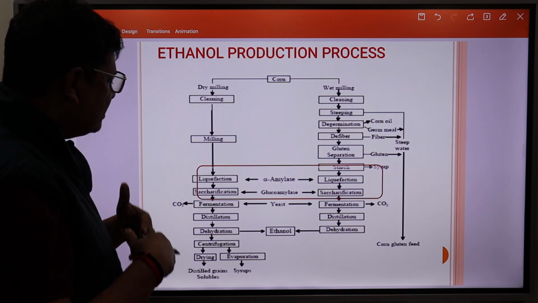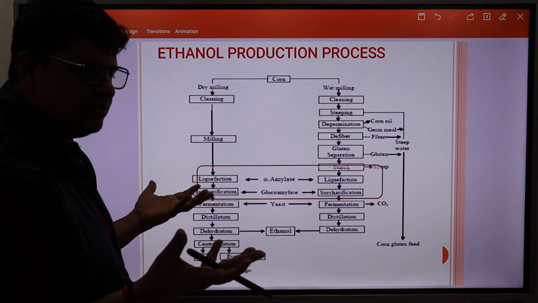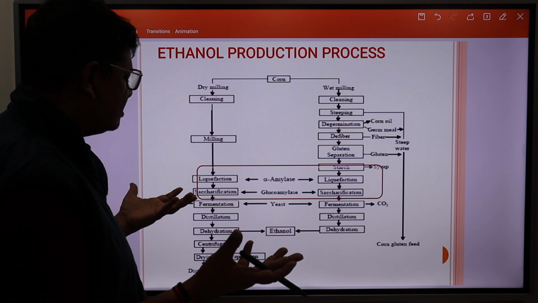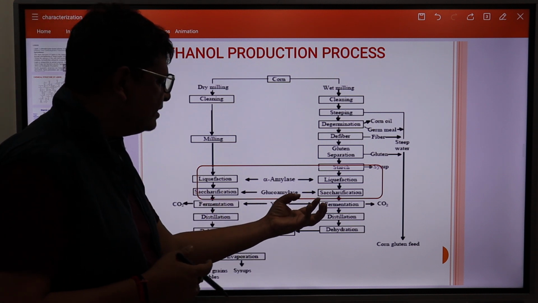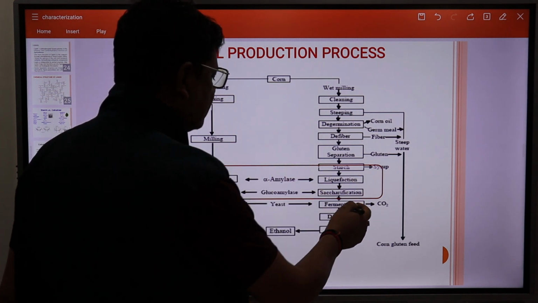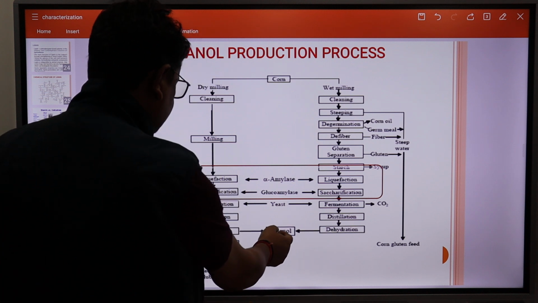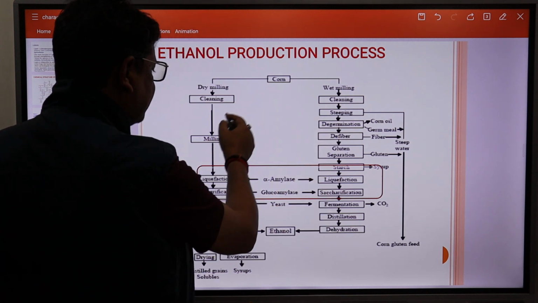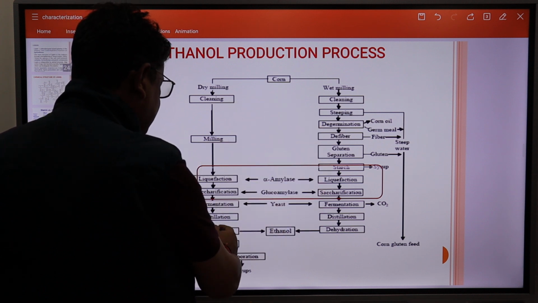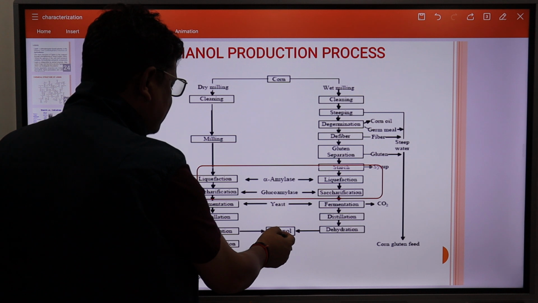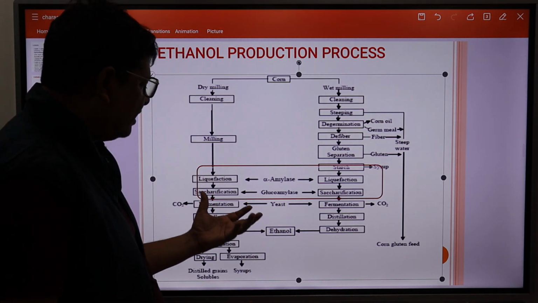This is followed by saccharification, where you can use the very important fungus, yeast, Saccharomyces cerevisiae. The yeast ferments and produces the byproduct carbon dioxide. Then it is distilled, then dehydrated, and then ethanol is with you. So this is the shortest route. I have skipped many steps in between, trying to explain how you collect your ethanol at the end.